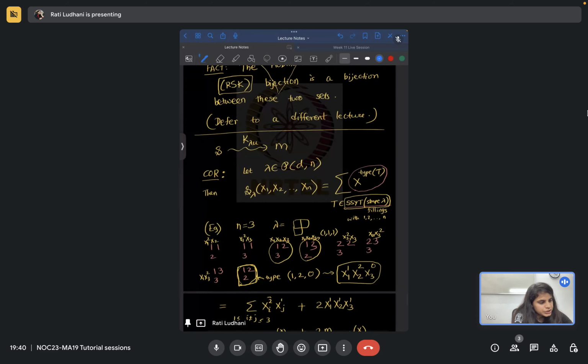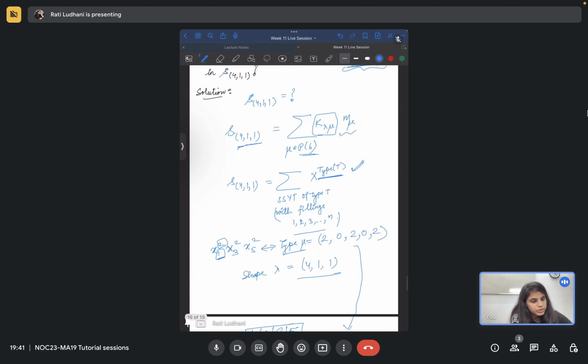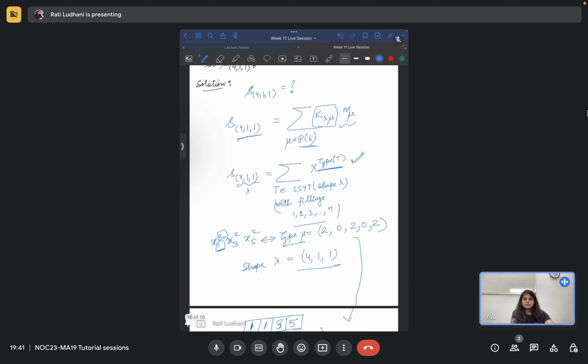So SSYT of shape lambda fillings, T belongs to SSYT with the shape lambda. Lambda is here. So how many tableaux you can get, that is the point.